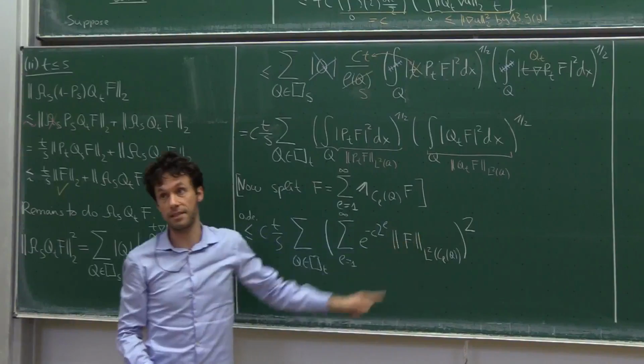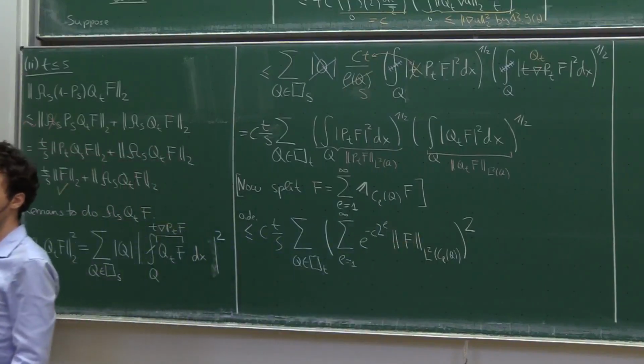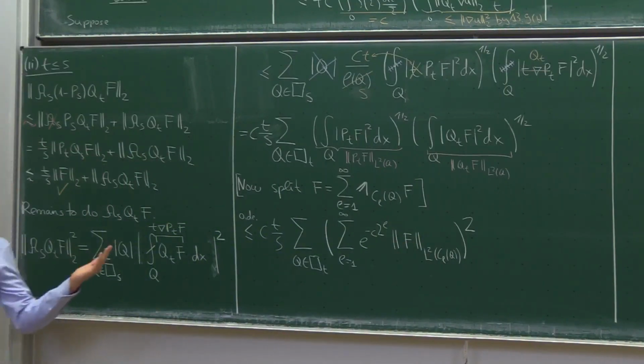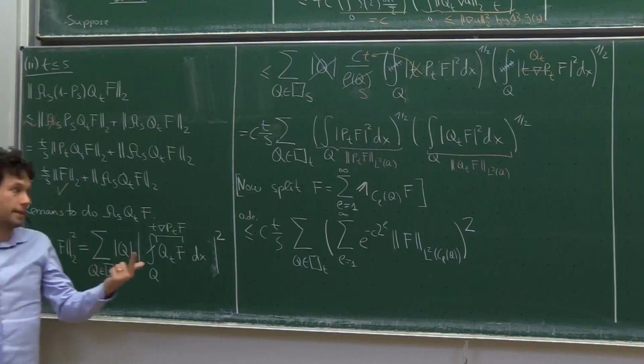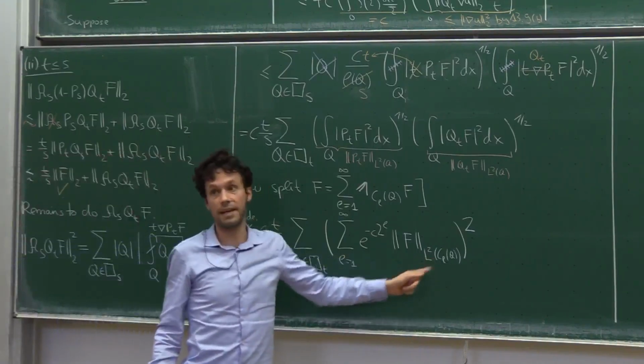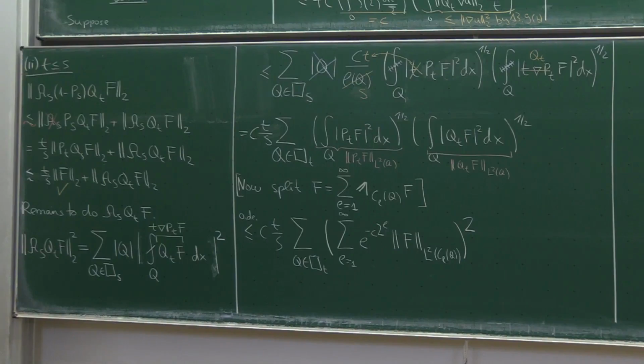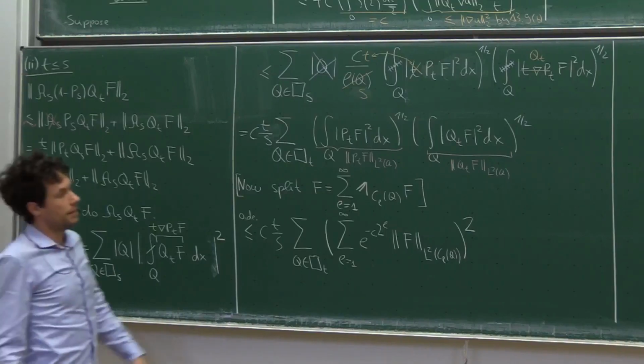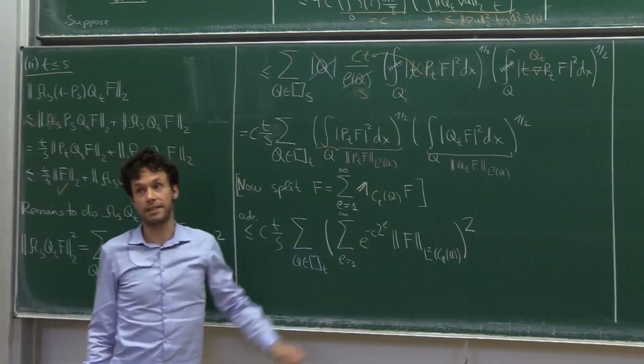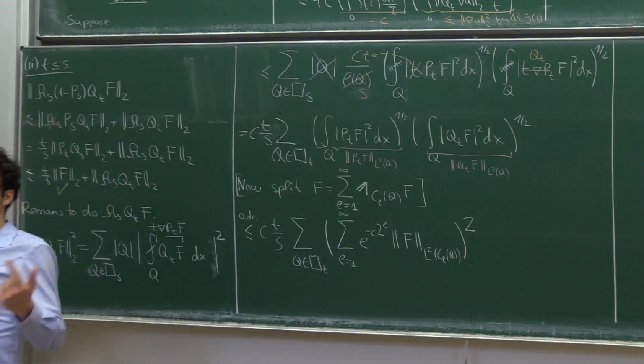You sum up the L2 norms squared, you write it as an integral. In the integral you create overlap, because the enlarged cubes were blown up by a factor. You do the counting exercise, it gives you power 2 to the L times n plus 1. This is still okay, because you have the exponential decay with a 2 to the L. You sum up the thing.